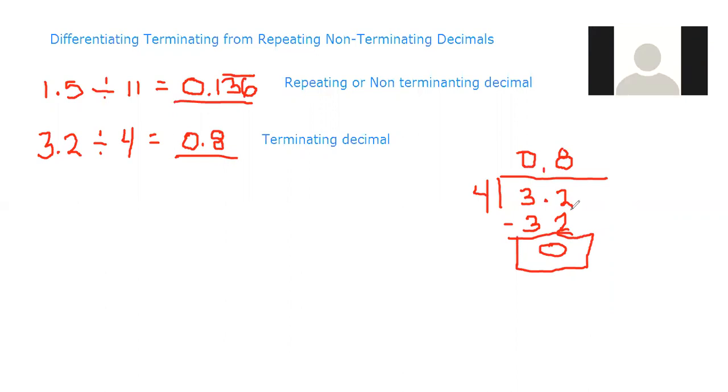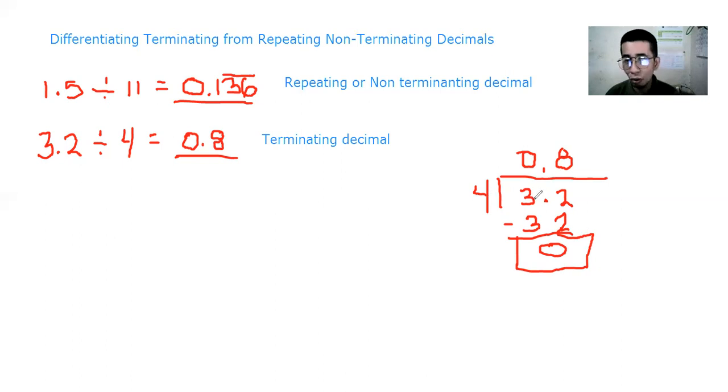Sir, 0 lang po. 0, yon. Sa terminating decimal, nagiging sagot niya dito sa baba natin is 0. While sa non-terminating decimal, walang katapusan, paulit-ulit. Diba? So it means kapag nag-0 na tayo dito, sa baba, malalaman na natin that is a terminating decimal. Then kapag hindi pa tayo nagsisiro, that is a repeating decimal.